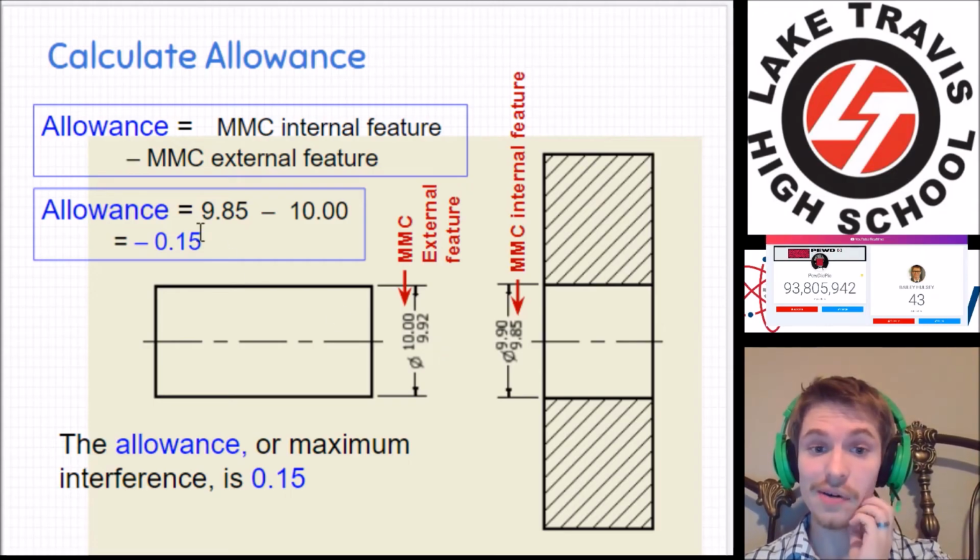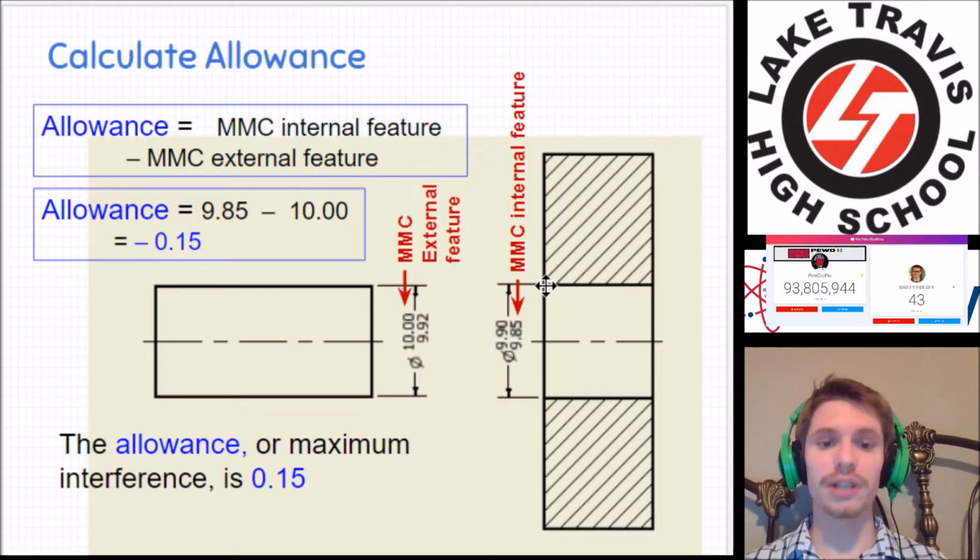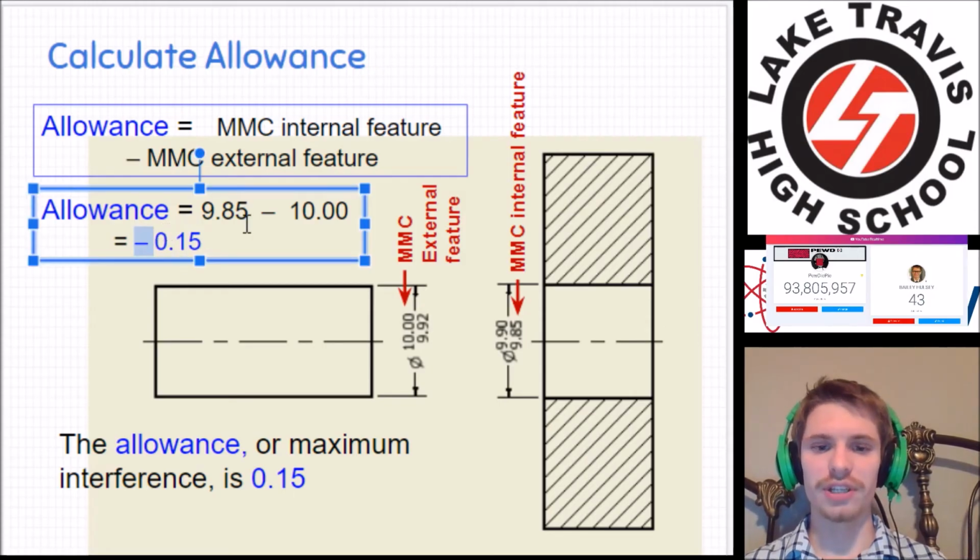But when we try to find allowance, it's different. We're doing MMC on both. Which would give us a 0.15 allowance, 0.15 inches for allowance. If the allowance is negative, it tells us interference.